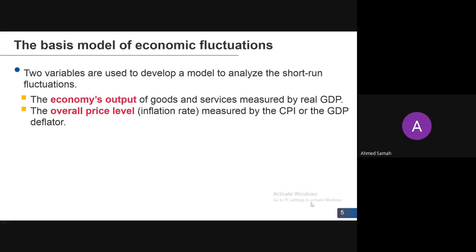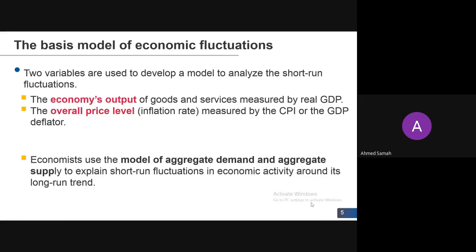In other words, it is the inflation rate, which is measured by CPI or GDP deflator. So in the macroeconomic model, we use these two variables, that is the overall price level and the economy's total output level. At the industry level or firm level, we use two other variables, that is the price of a particular product and the quantity of the particular product.